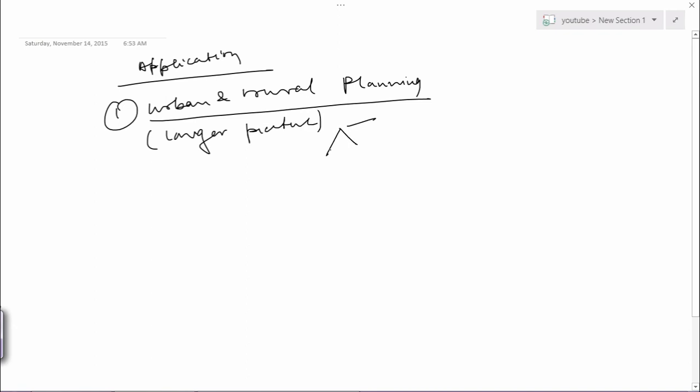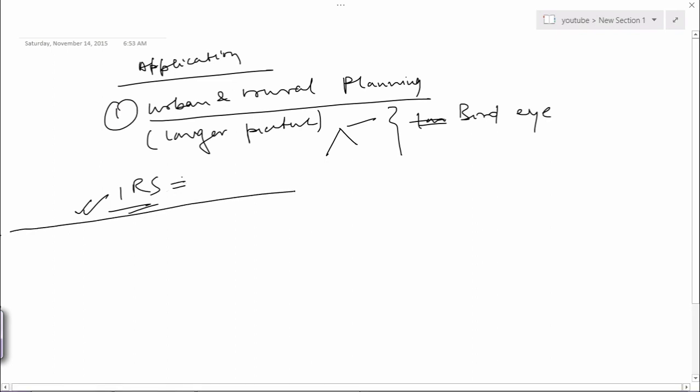Canals and roads and other things that are to be planned can be done when we have a bird's eye view of the whole city or the village or any area under consideration. So urban and rural planning can be done. So again, we see that IRS, Indian Remote Sensing Satellite, is contributing to the socio-economic development, and in that regard it is very important.